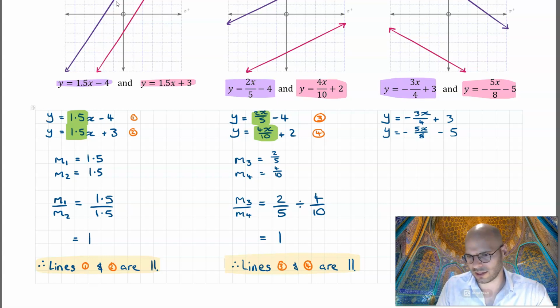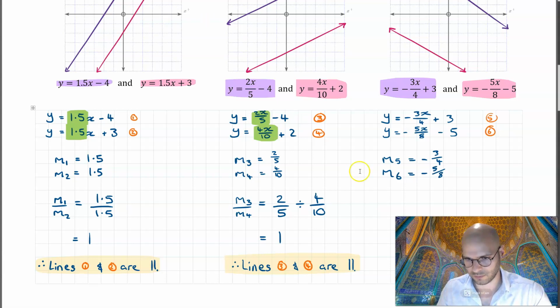We will define these lines as line 5 and line 6 respectively. Stating the gradients, m5 is equal to negative 3 over 4, and m6 is equal to negative 5 over 8.